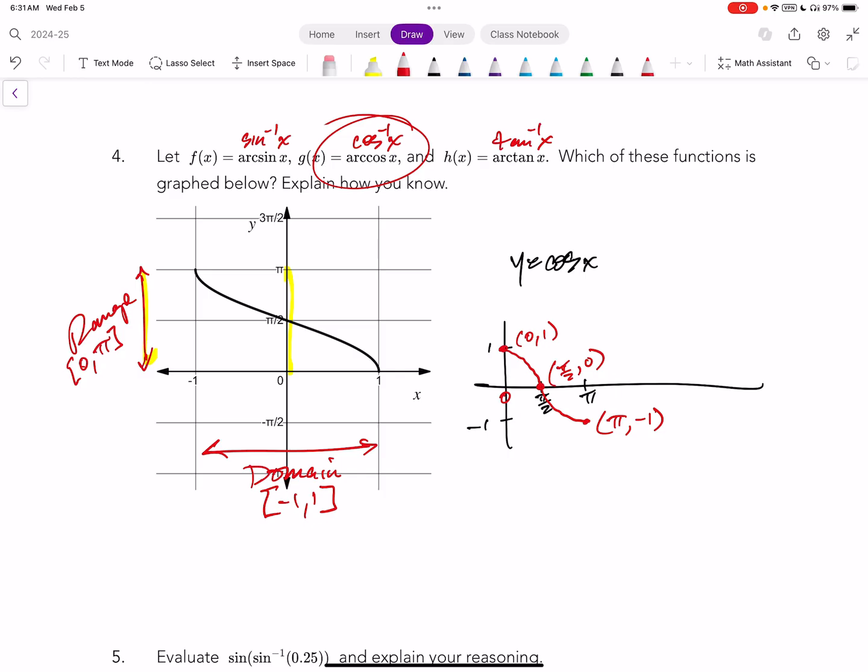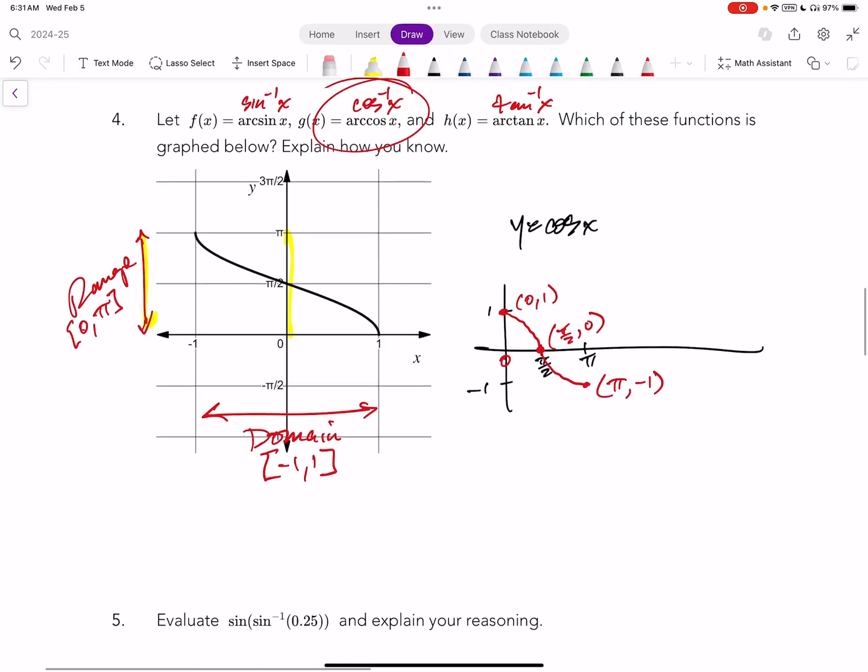Okay, and then remember when you graph its inverse, you switch the domain and range, and you switch x and y. So if you were to graph its inverse and you want to graph its points, this point here, 0, 1, if you switch the coordinates, that'd be 1, 0.